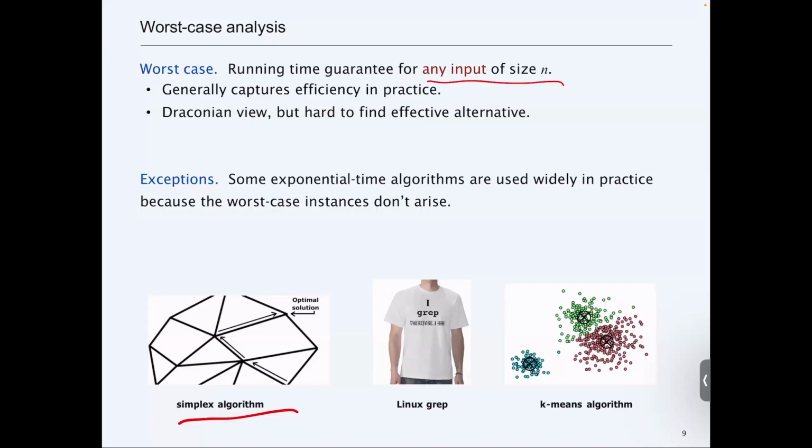Whereas some of the polynomial time algorithms for linear programming have constants and exponents that are so large that they become impractical. So in practice, constants matter, lower order terms matter, and the input distribution actually matters. Worst case analysis is incredibly useful, but it's really not the entire story.